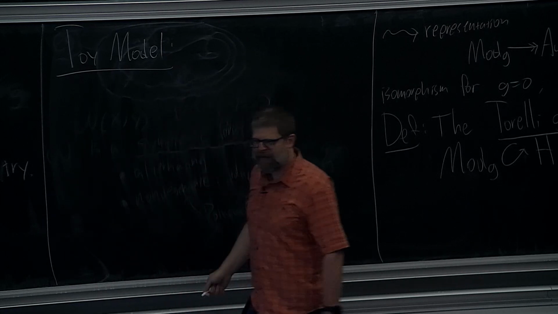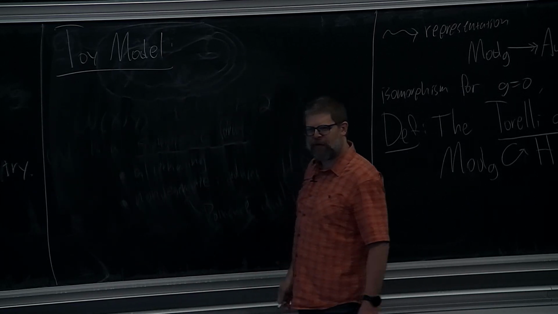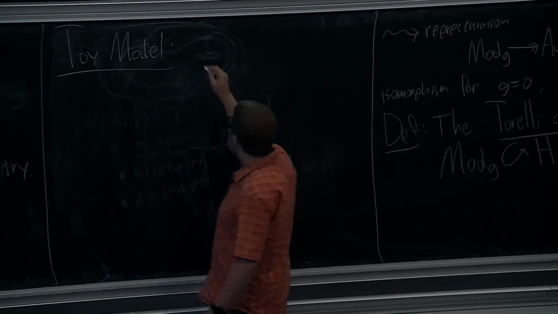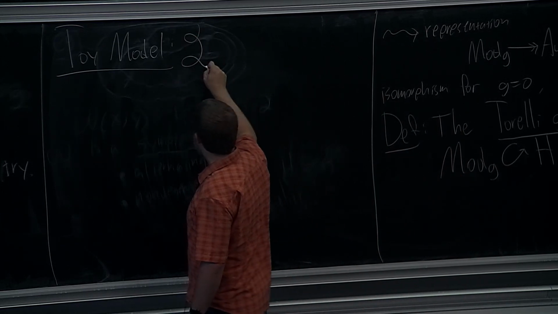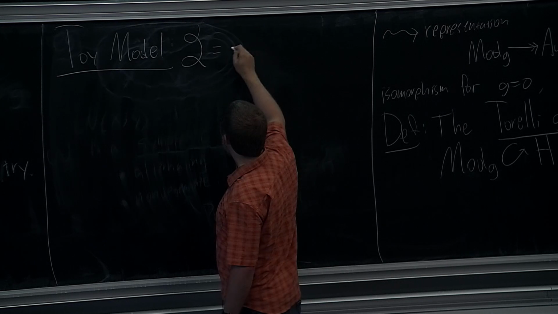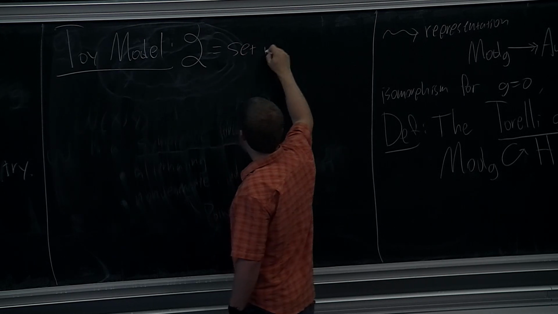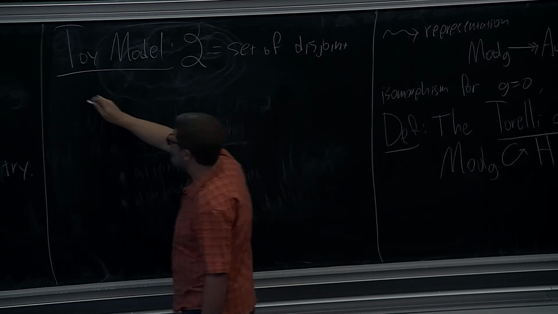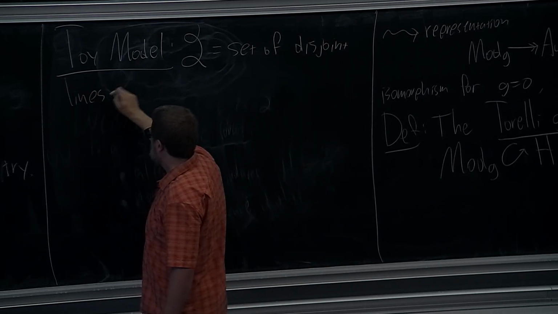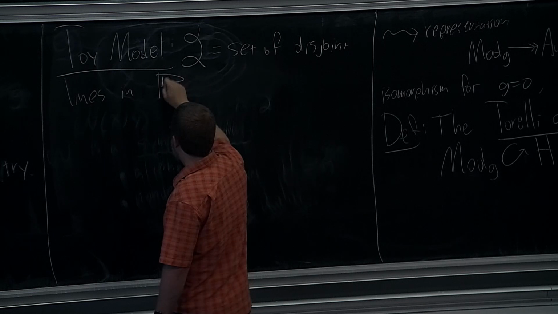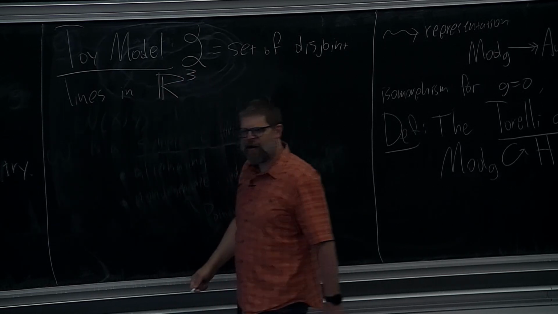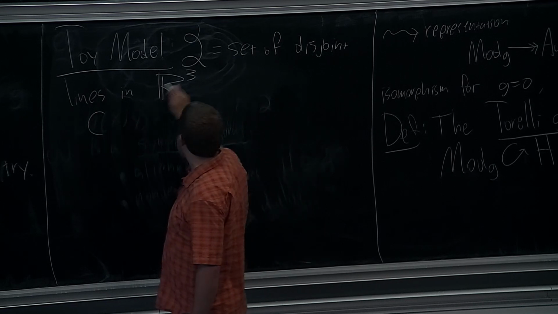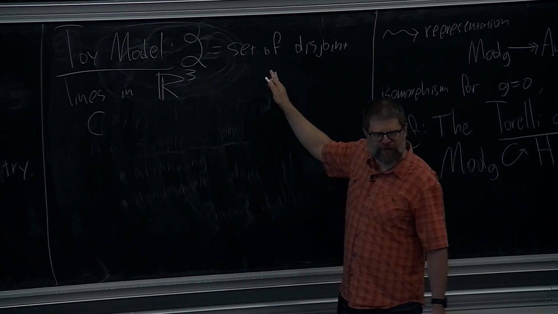So here is a much simpler space that has some of the same features as the one he constructs. Let L be a set of disjoint lines in R3, okay? And let's say this is an infinite set, so it's not a finite set.